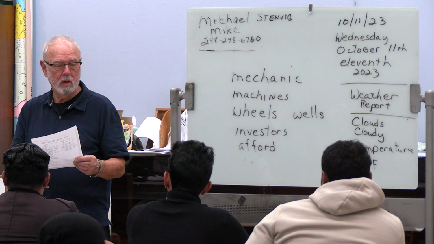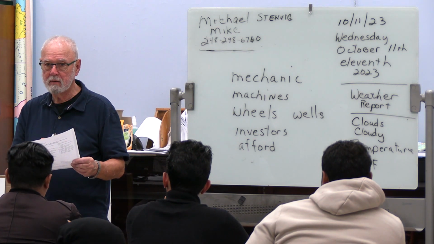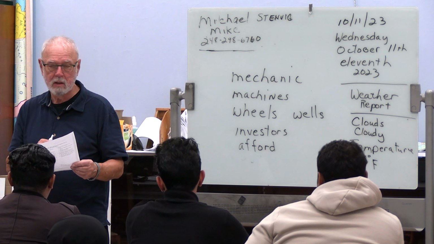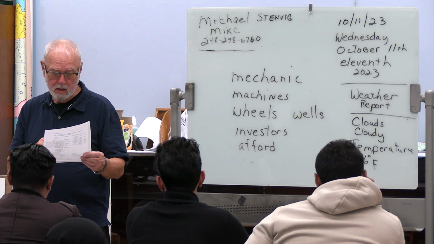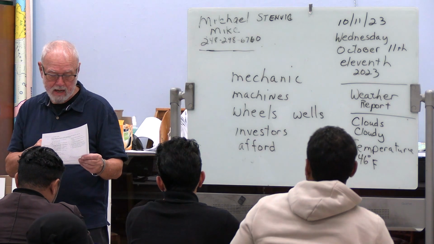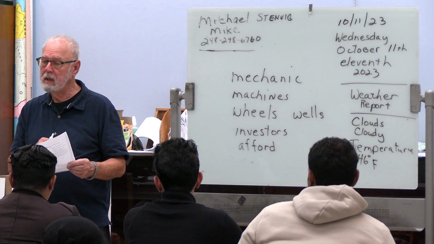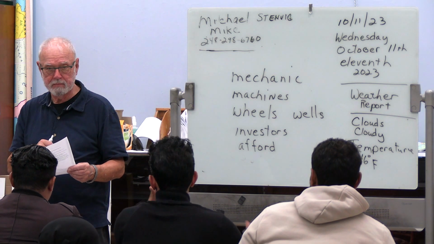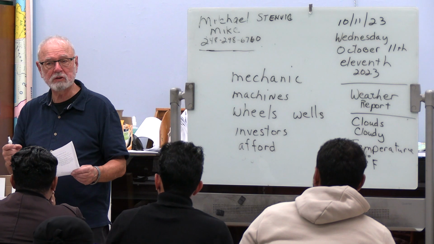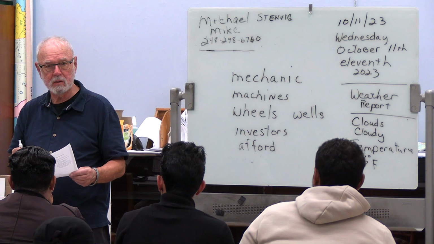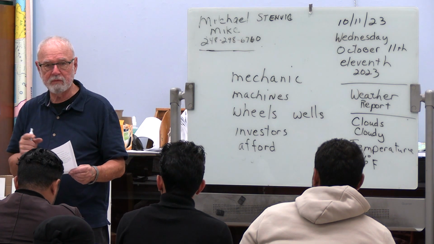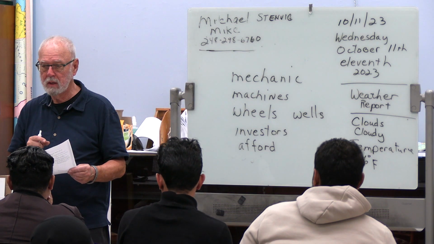Is that a lot of money today? No. In 1908, was that a lot of money? Yes, that was a lot of money. How much money did workers get? What was good pay for a worker at that time?